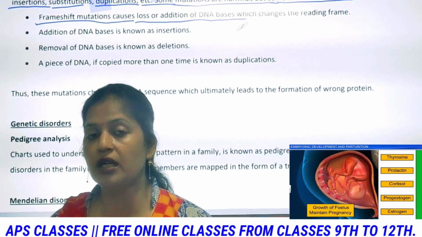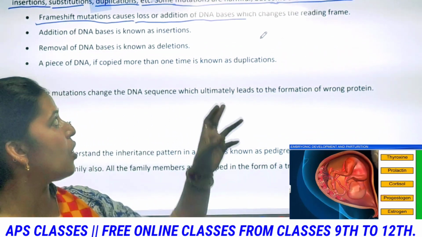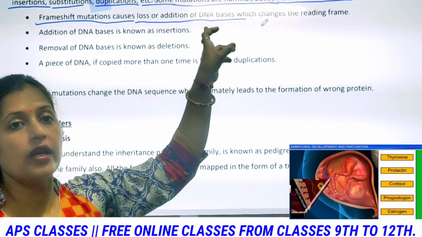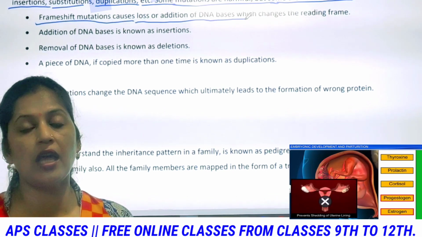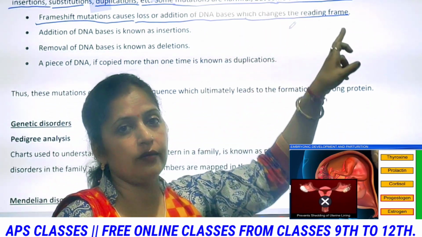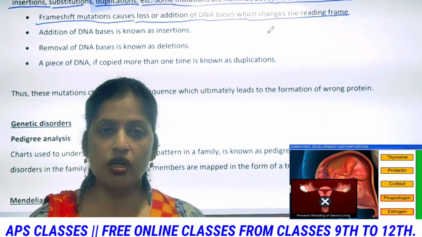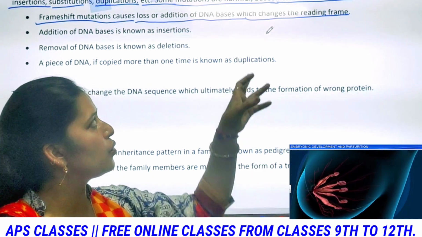अब frame shift mutation जो है वो क्या cause करता है? They cause the loss of the DNA और addition of the DNA bases. वो DNA bases का loss भी कर सकते हैं और addition भी कर सकते हैं, which changes the reading frame. और जैसे ही उसमें addition होगा DNA bases का, या loss होगा DNA bases का, तो उससे क्या होगा?